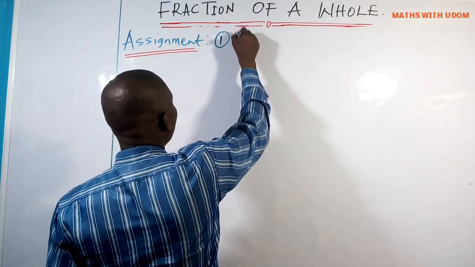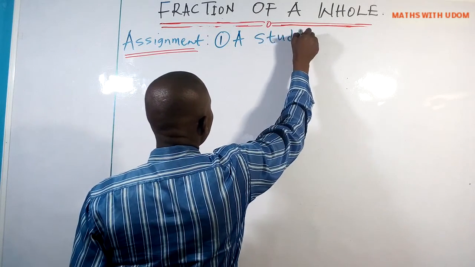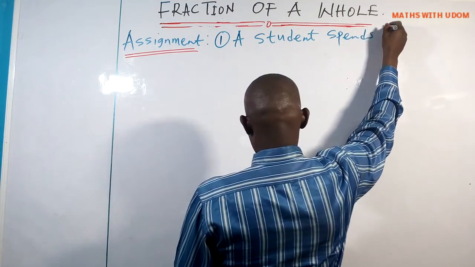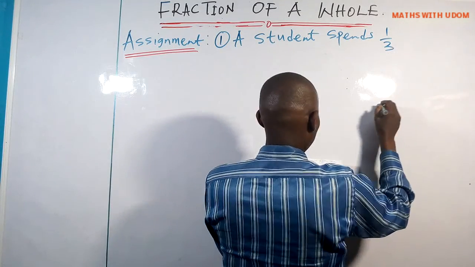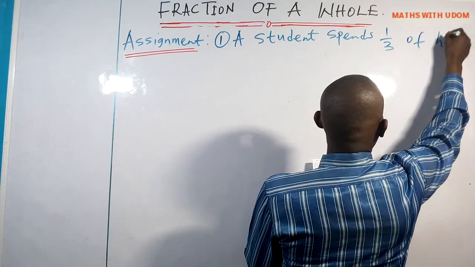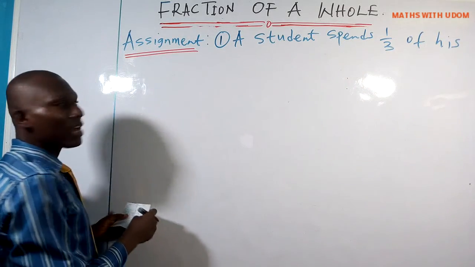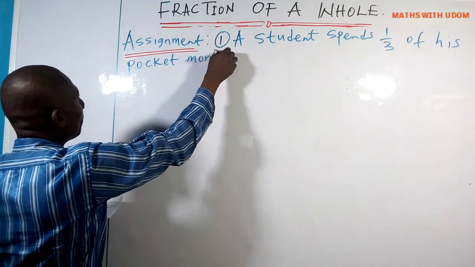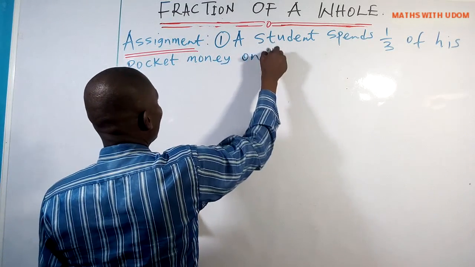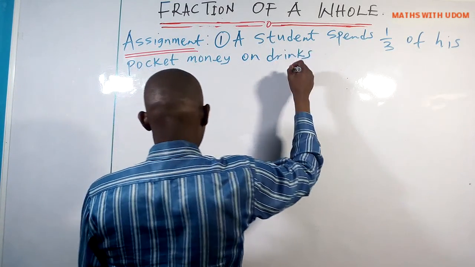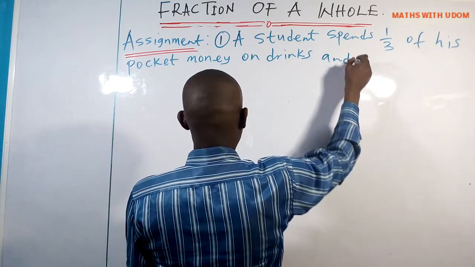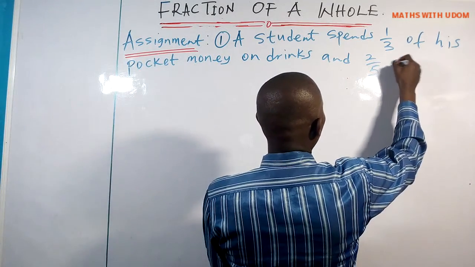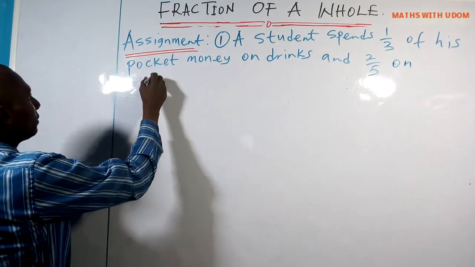A student spends 1/3 of his pocket money on drinks and 2/5 on biscuits.